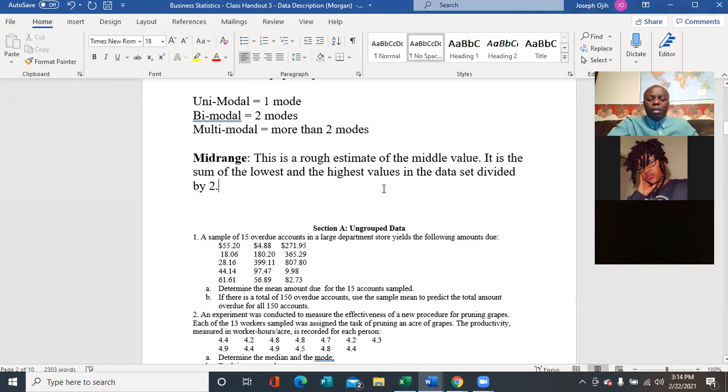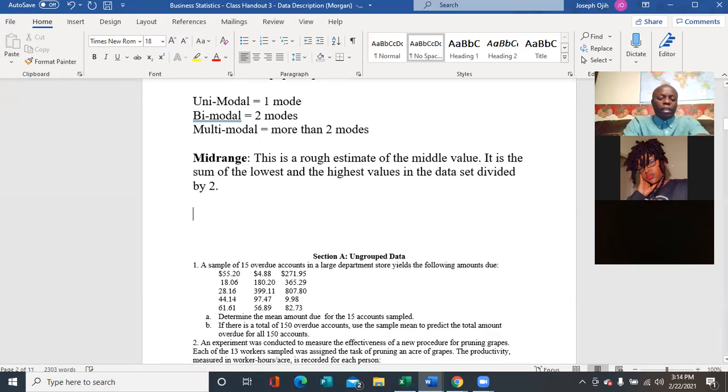So simply stated, the mid-range becomes the minimum value plus the maximum value, divided by 2. That gives you the mid-range.